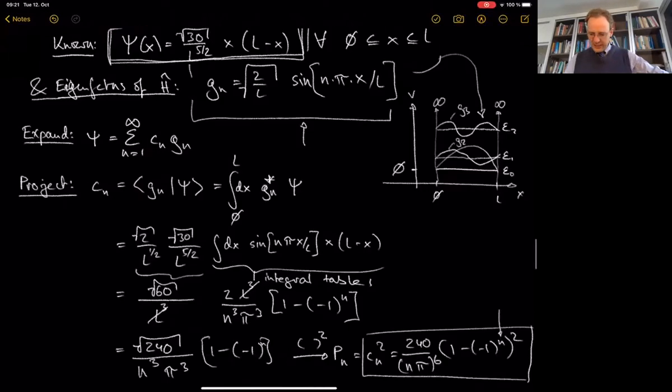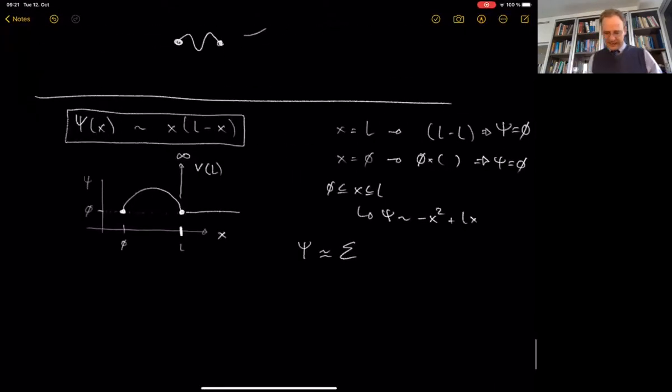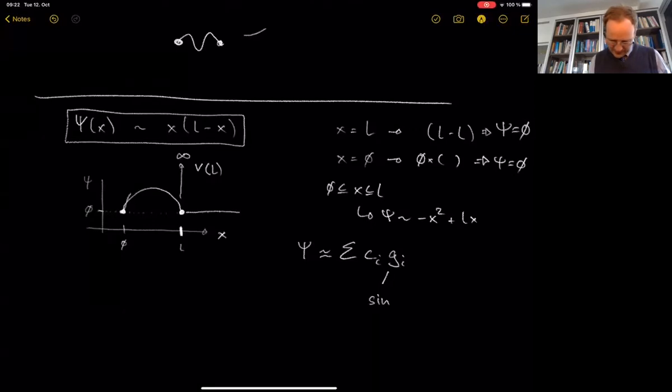So we call them G_n. So we expand this in G_n, or I, doesn't matter. And the first one, we know the first one is going to be n=1, so half a period of a sine function. And that's probably going to look something like this, right?